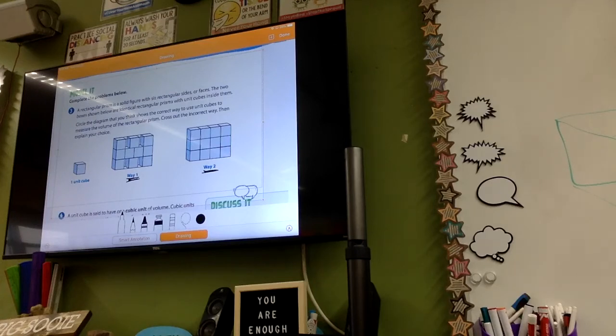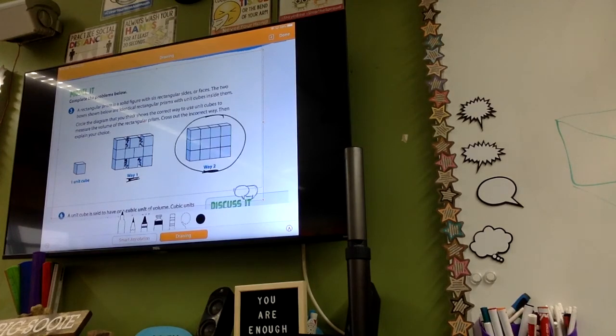Circle the diagram that you think shows the correct way to use unit cubes to measure the volume of the rectangular prism. Cross out the incorrect way, then explain your choice. So, circle the one you think is correct, mark out the one you think is incorrect, and then tell me why you think the one you picked is correct.